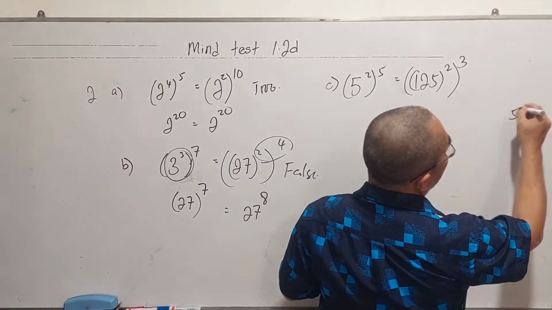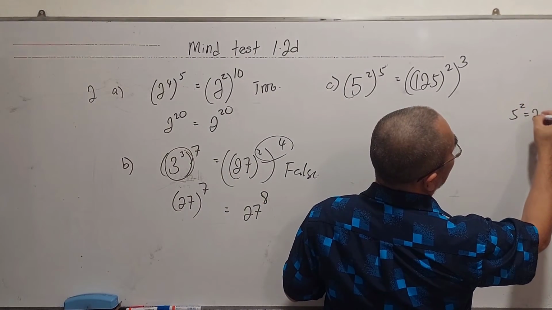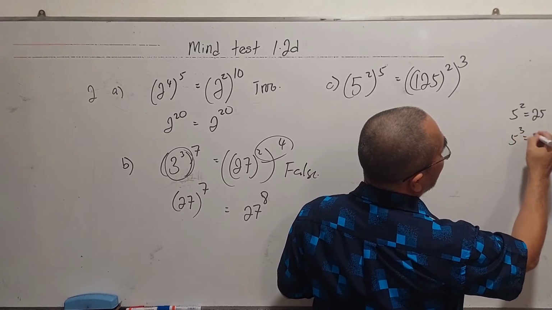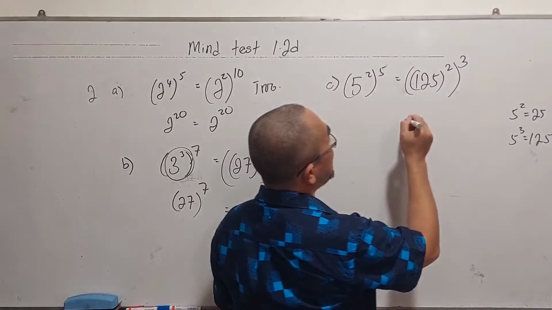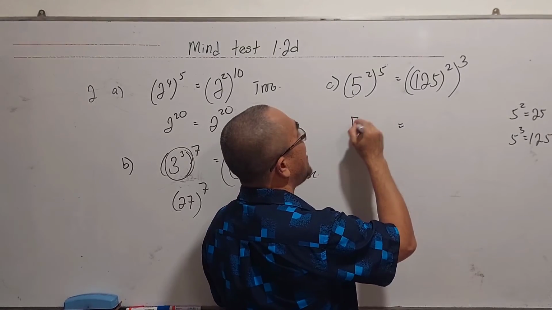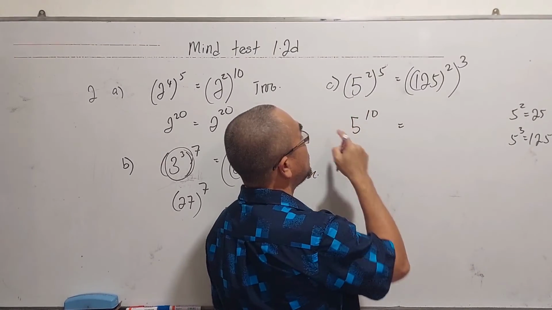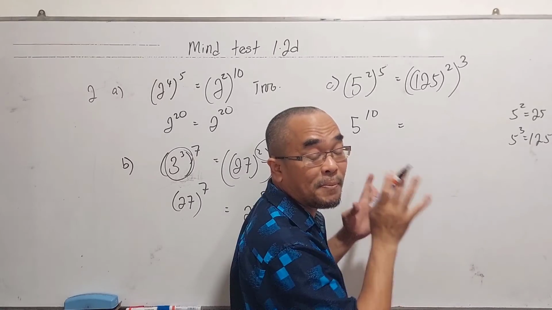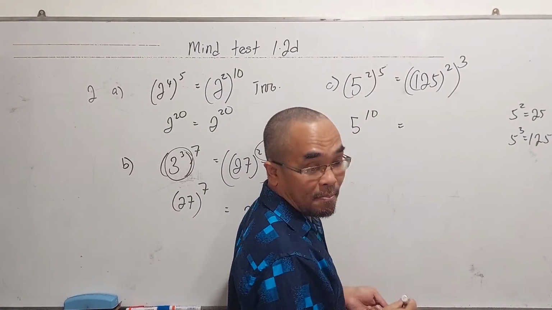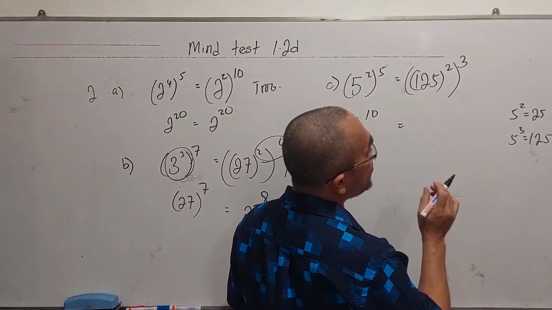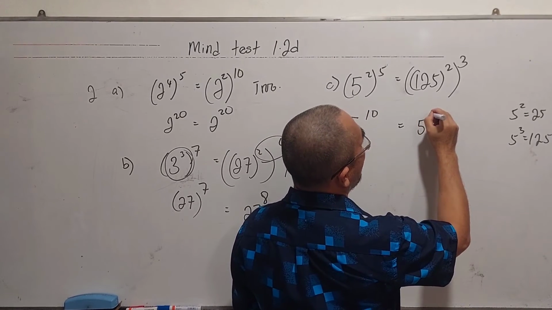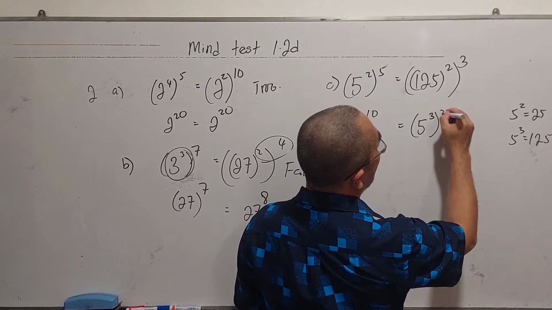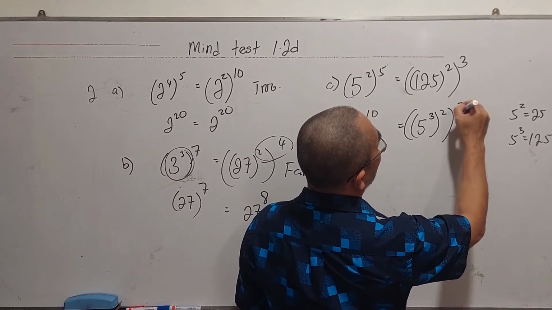Because if you play with numbers, 5 to the power of 2 is 25, 5 to the power of 3 is 125. Okay, alright. So I will change this. Okay, here it will be 5 to the power of 10. So because in order to compare, we have to have the base equal number. Okay? The value of the base must be equal. So 5 to the power of 3 to the power of 2 to the power of 3.